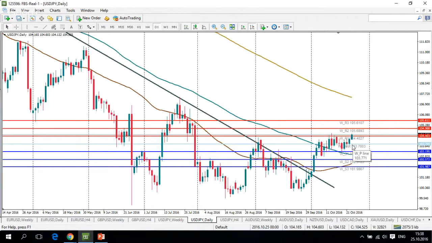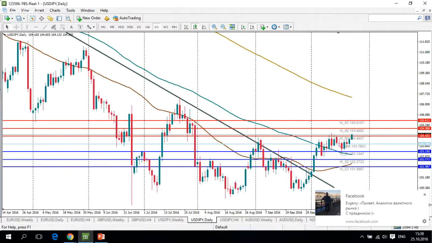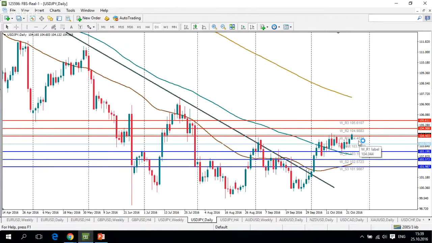The pair is currently trading above the weekly pivot line, which is located at 103.78. We are even above the first weekly pivot resistance at 104.40, and the next levels to watch lie at 104.98, 105 mark, and 105.60.